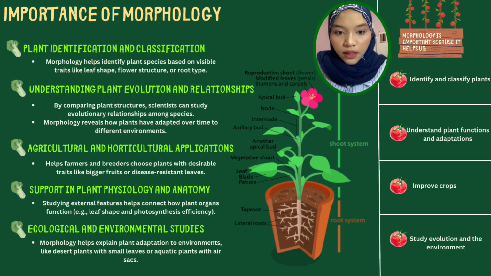Knowing the shape and structure of roots, stem and leaf is very important because it helps us explain their functions such as photosynthesis, transport and reproduction. The third one is ecological importance. Why is it important? Because it helps us to understand how plants adapt to environments like deserts, wetlands and forests.